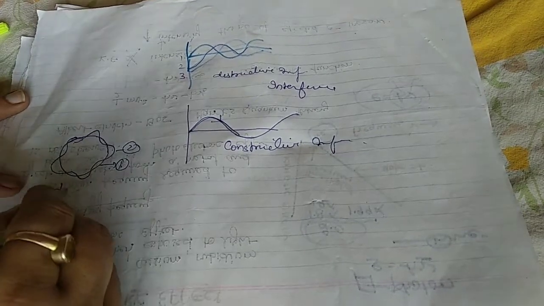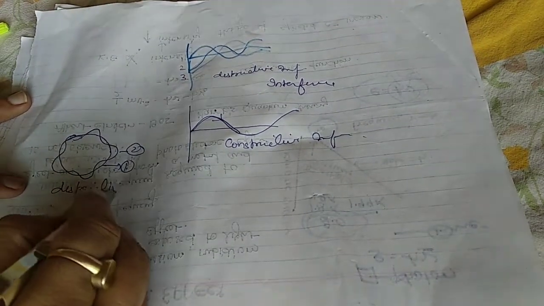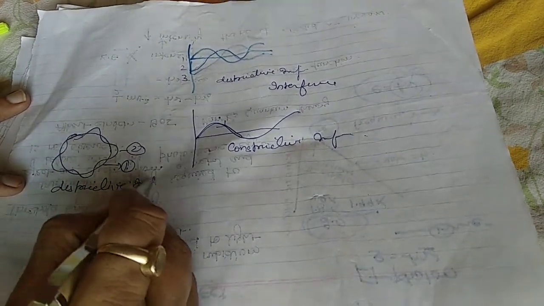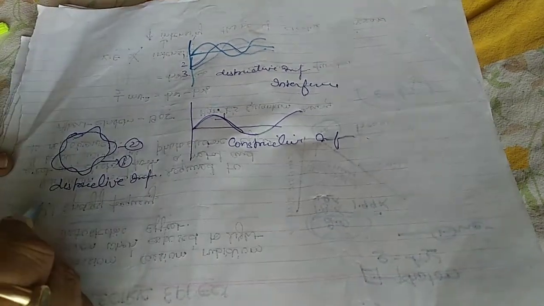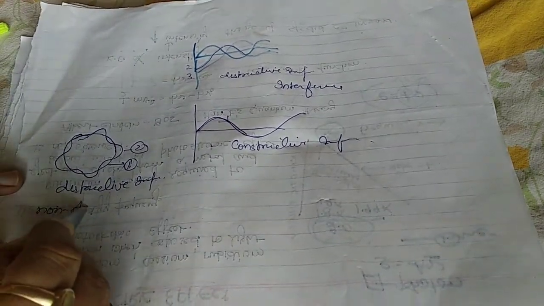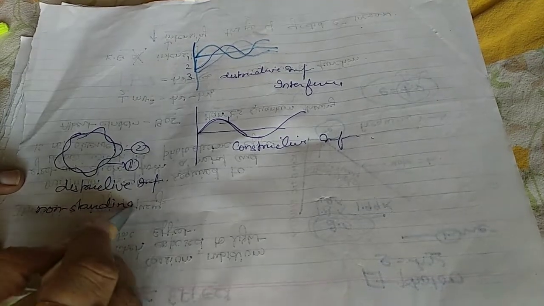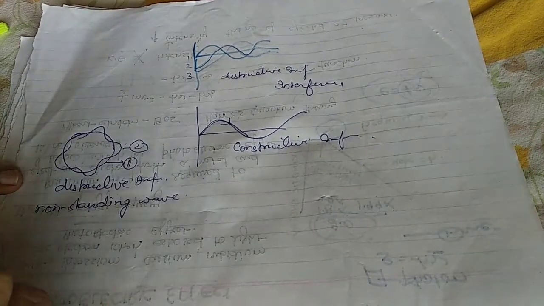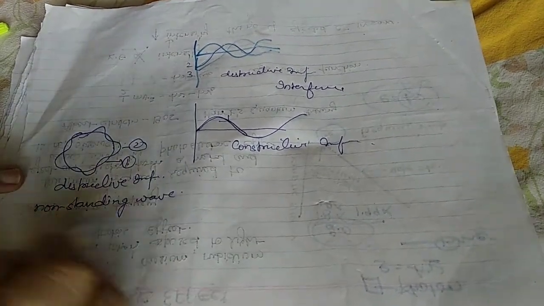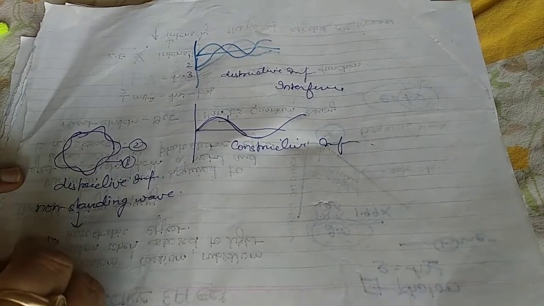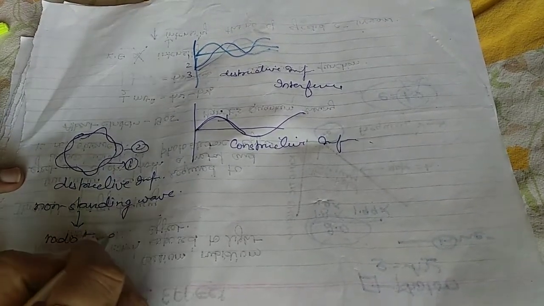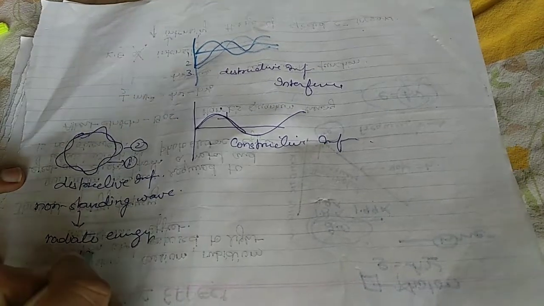So this will result in destructive interference. And in this case, this will be a non-standing wave, and it will radiate energy and will be unstable.